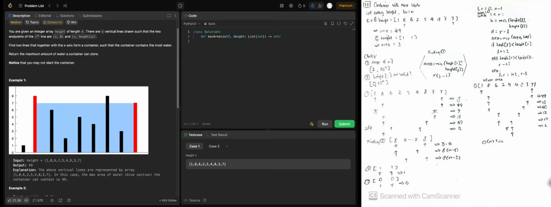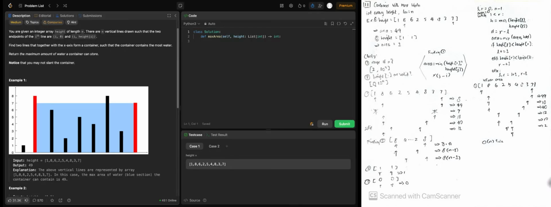Okay. And then the second example, we have 0, 0, and then we have 1, 1. Then this gives us just 1. Let me think, I'm just thinking about the edge cases here.